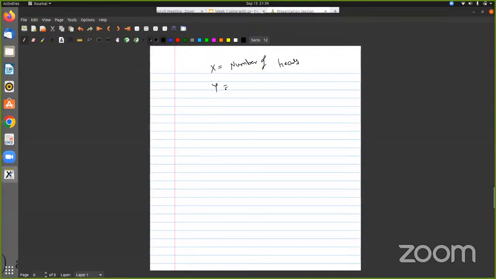And y is the number of points scored. So what values can x take in 3 tosses? 0, 1, 2, and 3. What values can y take? -1, 1, 2, 3.